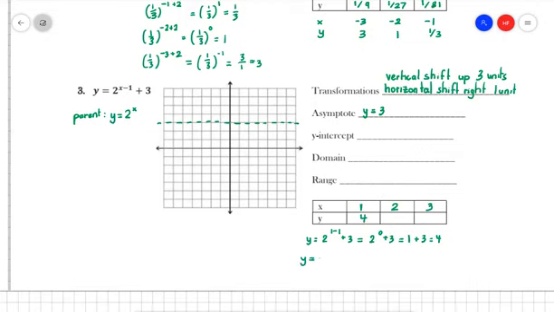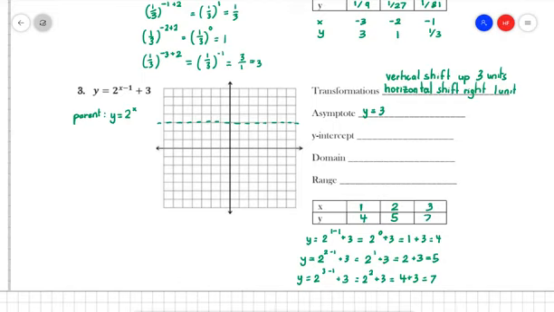Next one, y would equal 2 to the power of 2 minus 1 plus 3. 2 minus 1 is 1. 2 to the power of 1 is 2. So my value is 5. And then we'll plug in a 3. We get 2 to the power of 3 minus 1 plus 3. 2 to the power of 2 plus 3. 4 plus 3, which is 7.